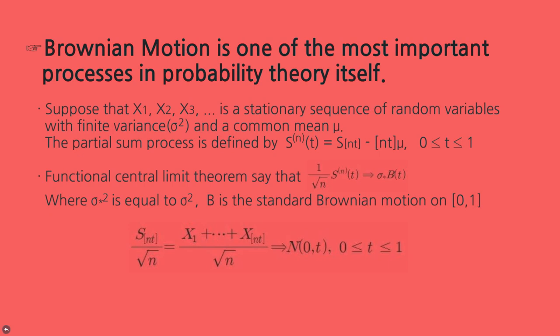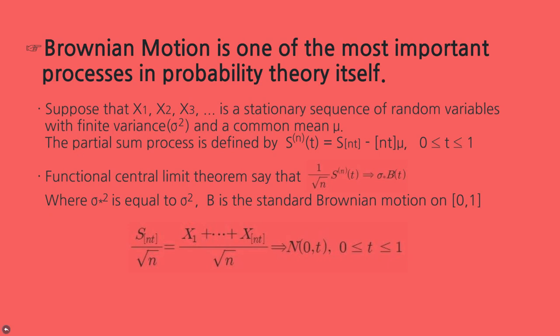The functional central limit theorem says that 1 over root n S2nt follows sigma Bt, where sigma star squared is equal to sigma squared. B is the standard Brownian motion on 0, 1.